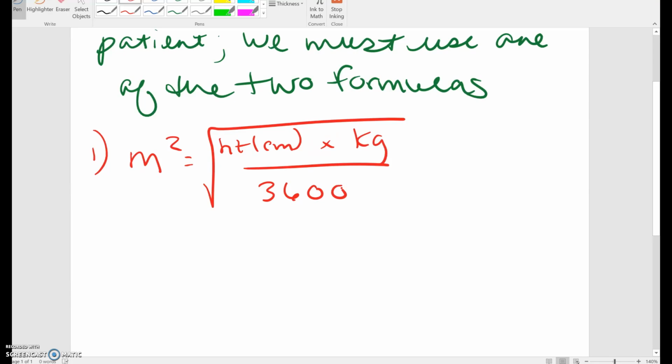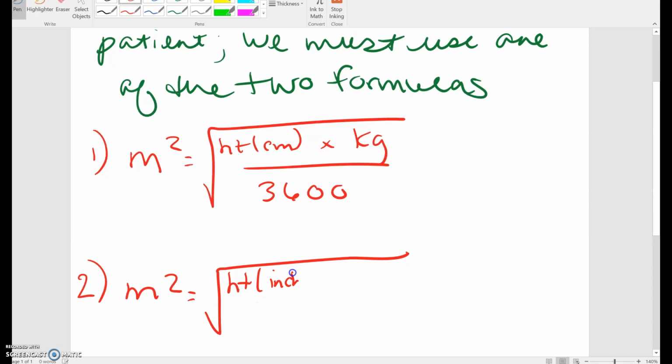All right. Formula number two, same thing, meters squared, which is body surface area, is the patient's height in inches times pounds over 3131.